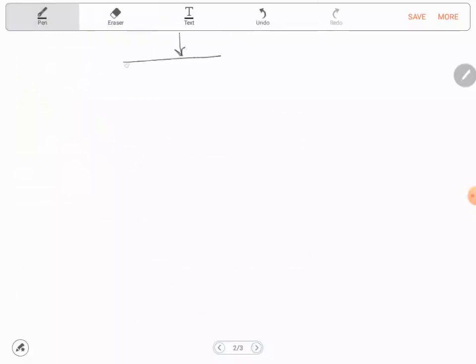Remember they're saying display. So we are going to display. So I'll say display volume. Then they're saying stop. So we stop now. So this is how you write a pseudocode.